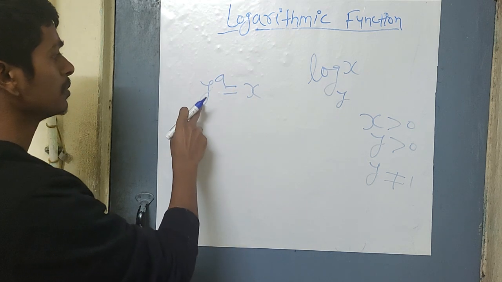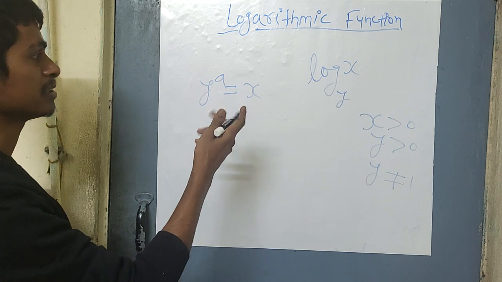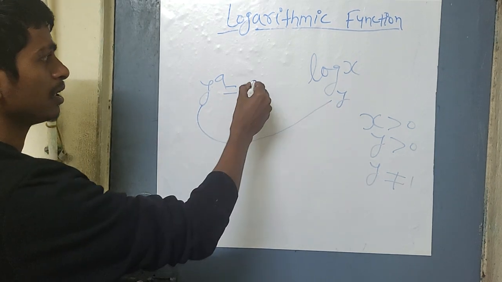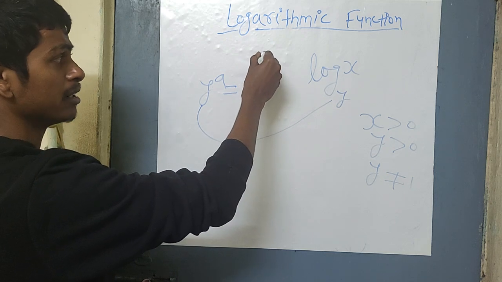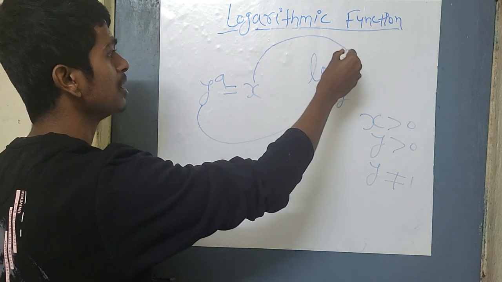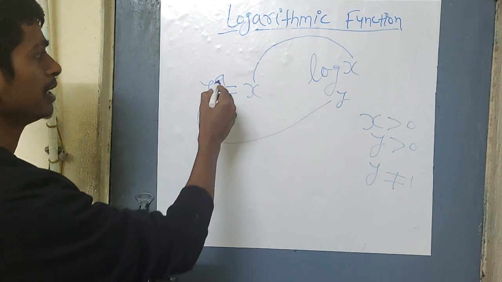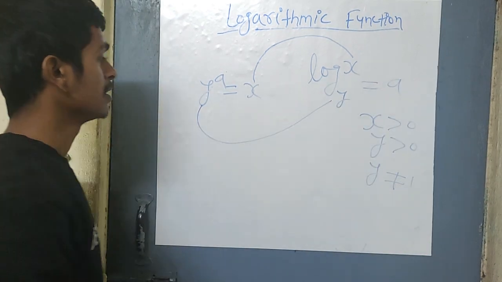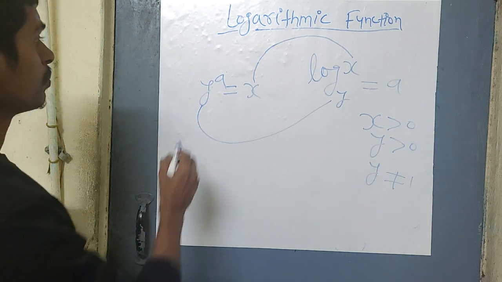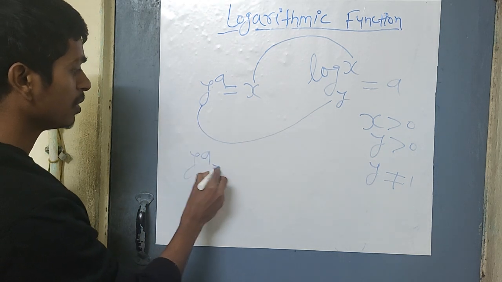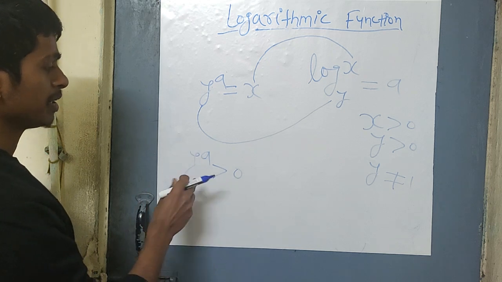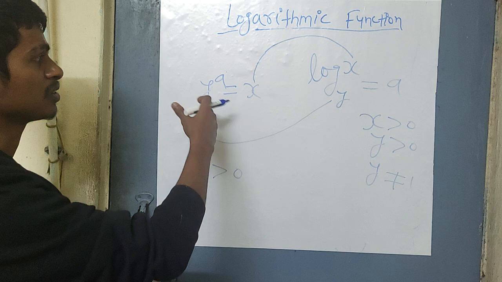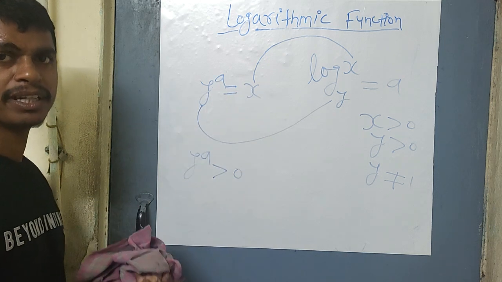In the inverse, the output of this exponential function is now the input of our log, and this power value will give the value of log. So y to the power a will always be greater than 0, because an exponential function is always positive, and log is the inverse of the exponential function.